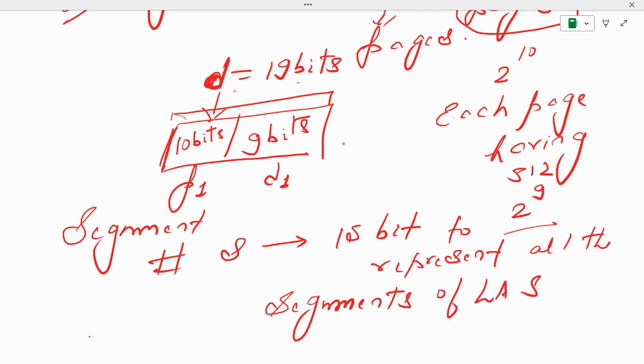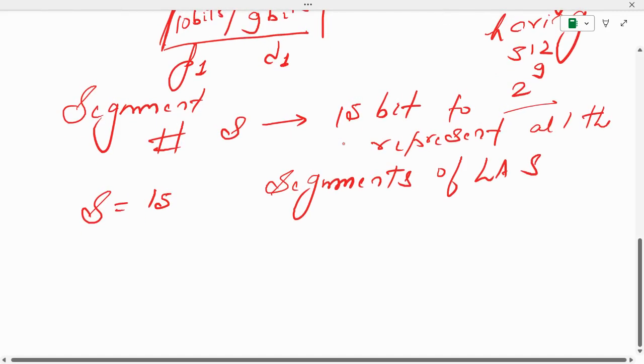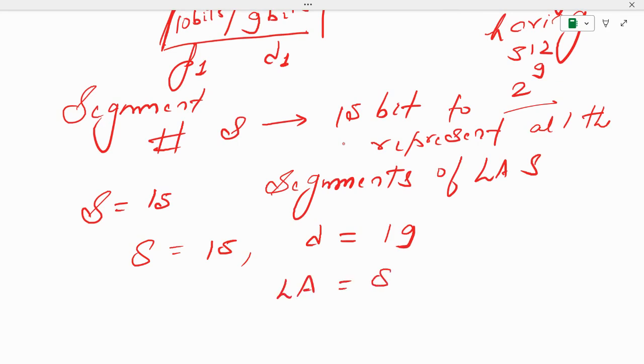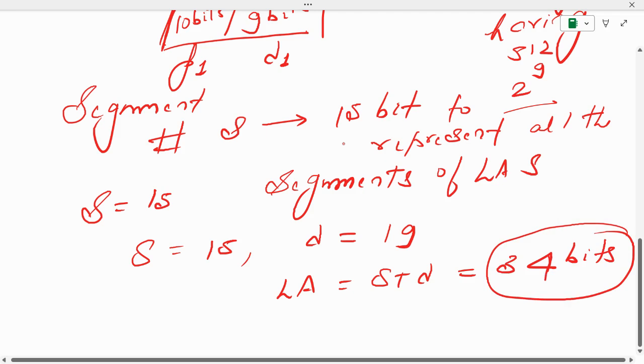That means S will become 15. So from here we get S equal to 15 and D equal to 19. Hence LA becomes S plus D, that is equal to 34 bits, right? So we got the LA, that is, the logical address.